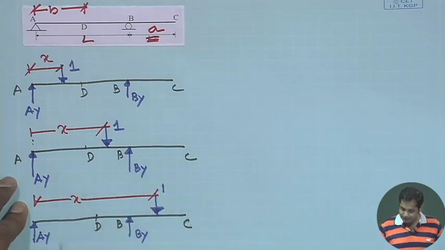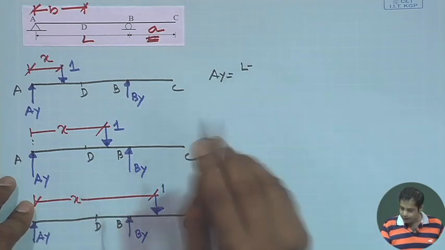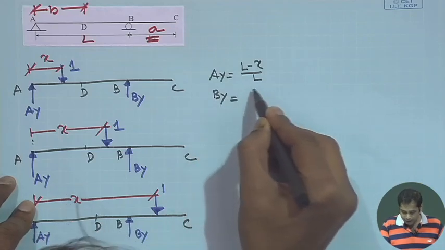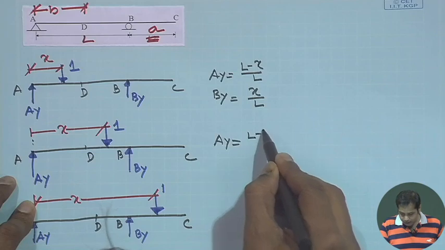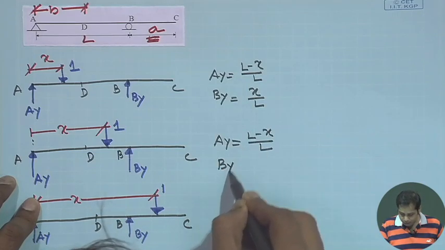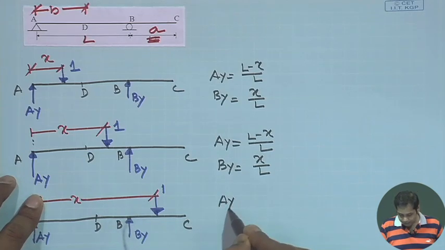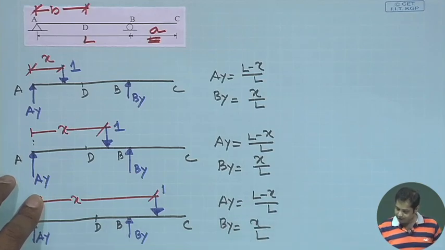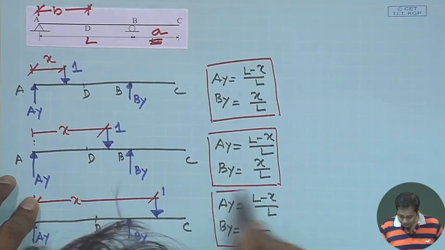In this case AY is equal to (L minus x) by L, and BY will be x by L. In this case AY will be (L minus x) by L, and BY will be x by L. And in the third case, AY will be (L minus x) by L, and BY is x by L. So, what we can see is that in all the cases your support reactions are the same. Please verify this. These are all the support reactions.